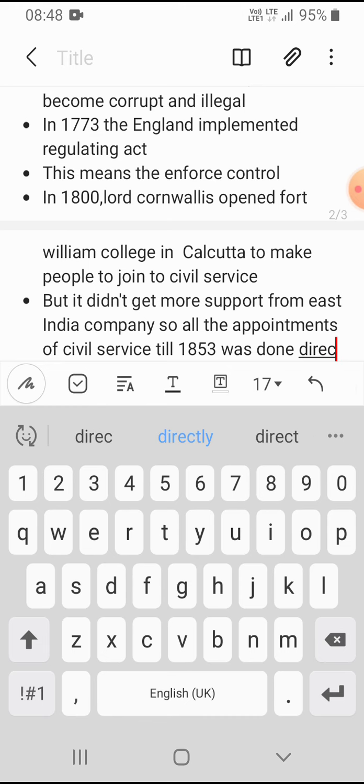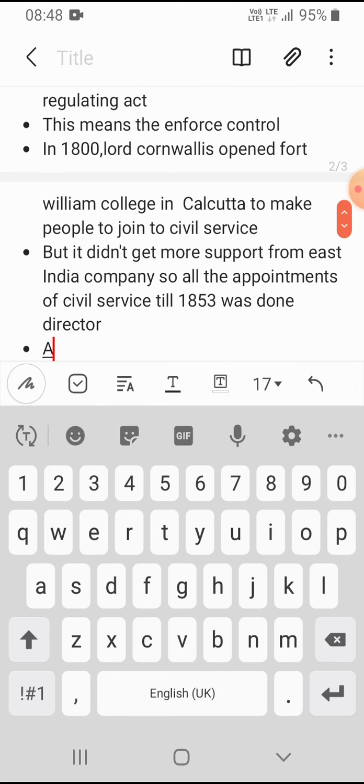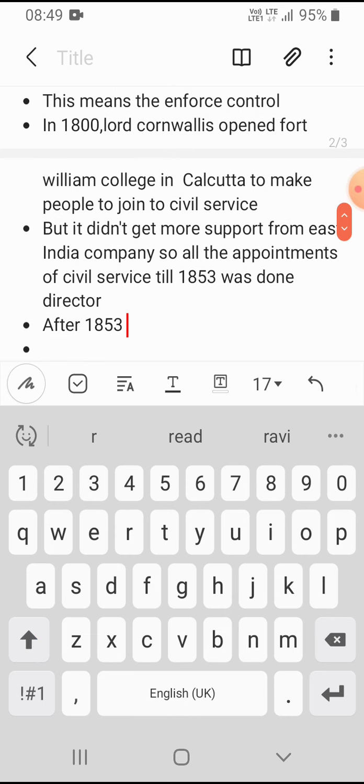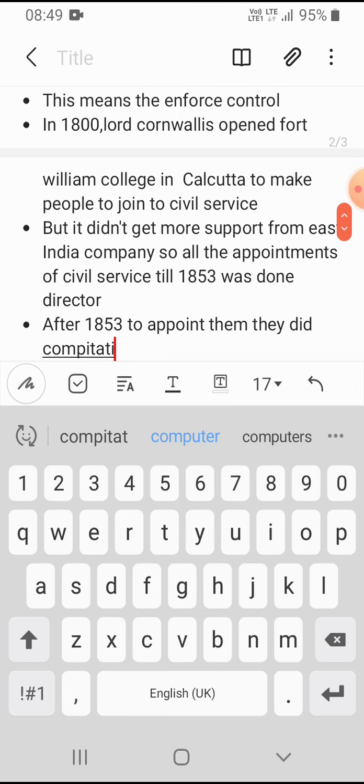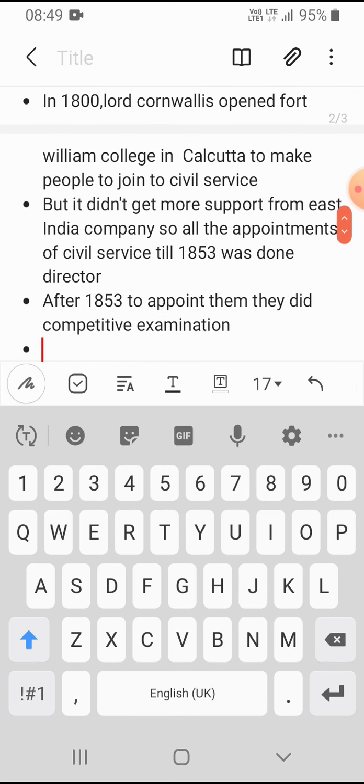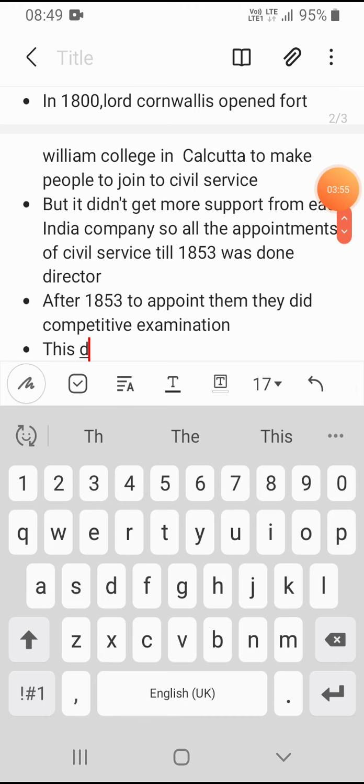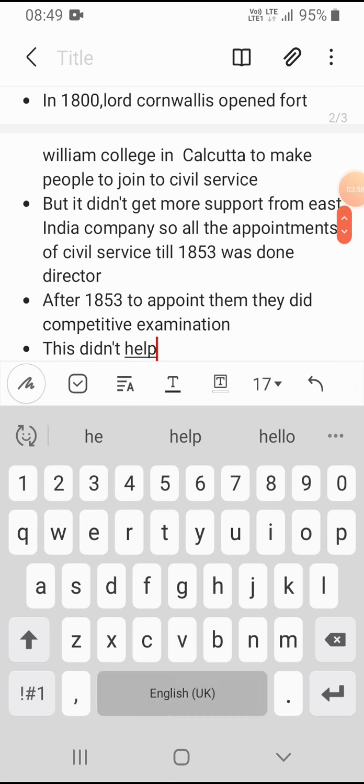After 1853, to appoint them, they conducted a competitive examination, and this did not help India much.